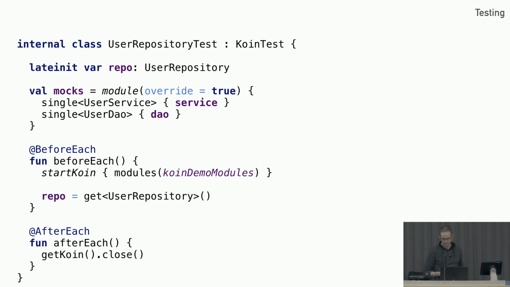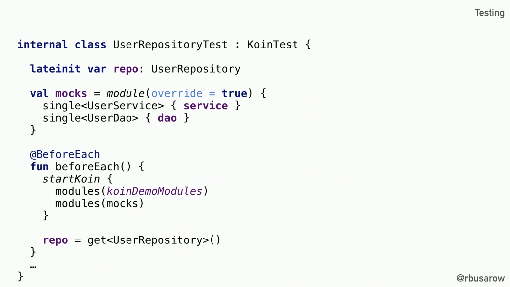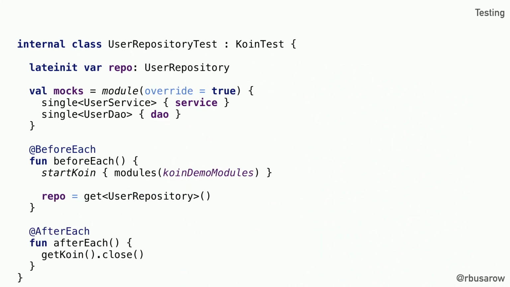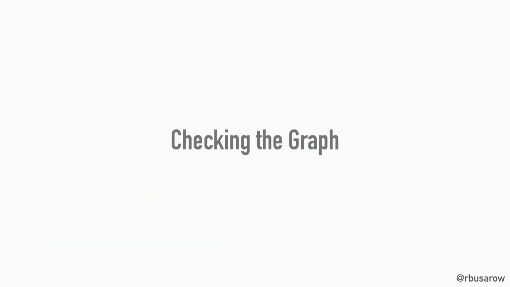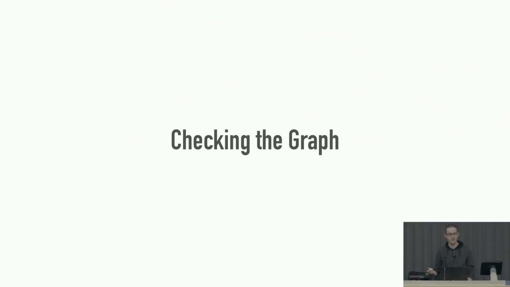So we can create our mock service and our mock DAO, pass them into the graph. Everything else in the graph is going to use normal classes, and for the purposes of our repository, we will get those mocked instances. Oh, right, and you also need to add it to the graph, which I already did.